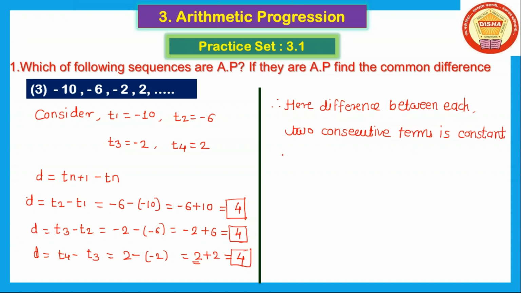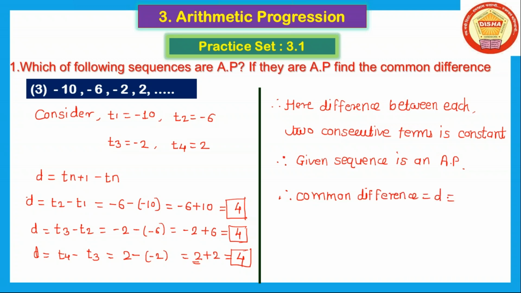Therefore, the given sequence is an AP, meaning arithmetic progression. If it is an arithmetic progression, then we have to find the common difference. So we write, therefore the common difference D is equal to 4. All of you understood this example?